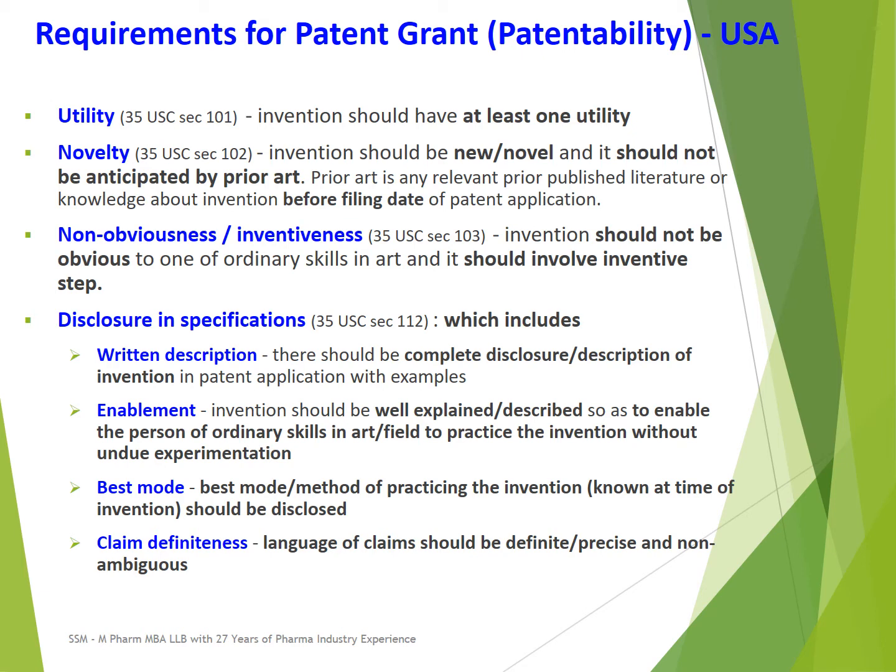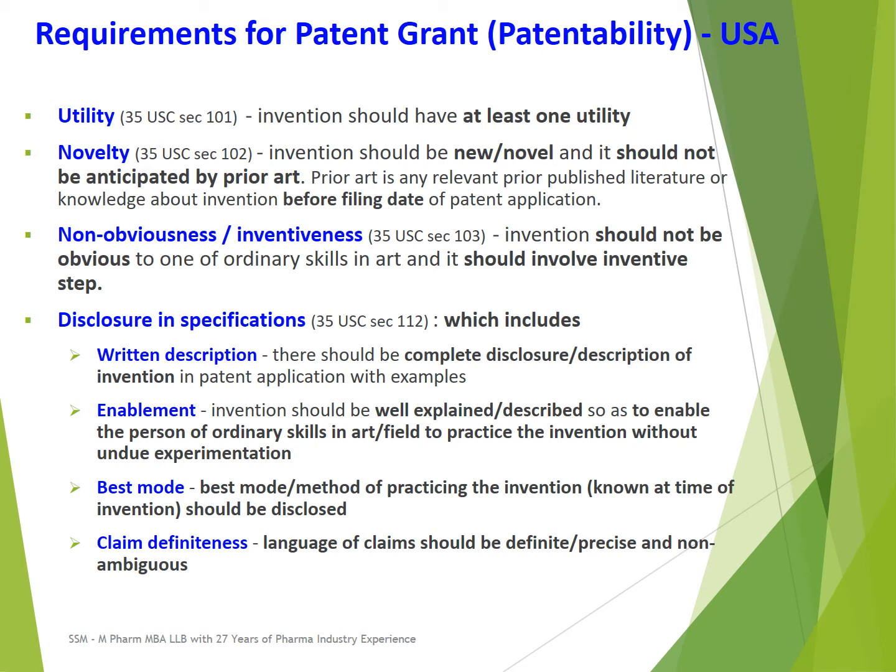Second requirement for patentability is novelty. Invention should be new or novel, and it should not be anticipated by prior art or prior knowledge. Prior art is basically any relevant prior published literature or knowledge, even if it is not published. The traditional knowledge is also covered by prior art.